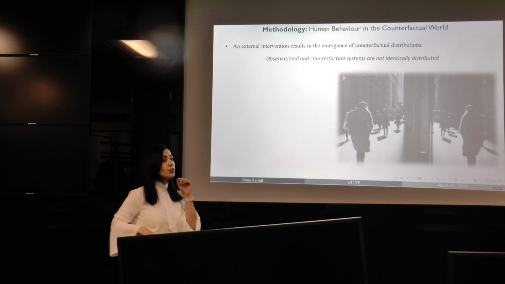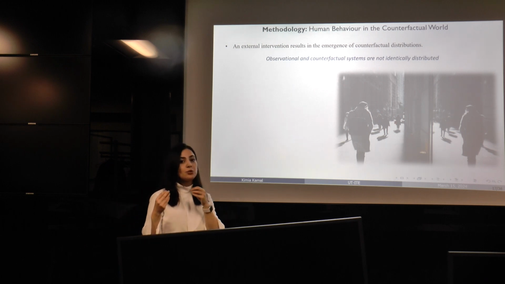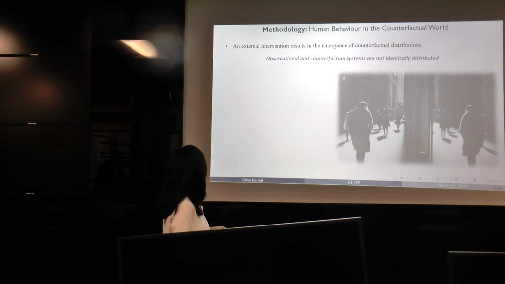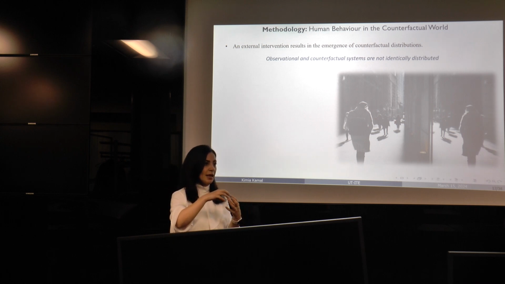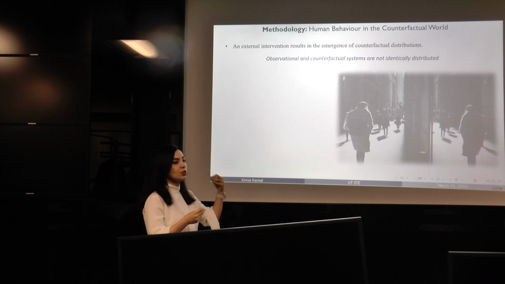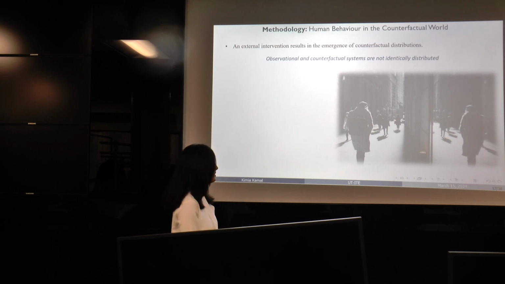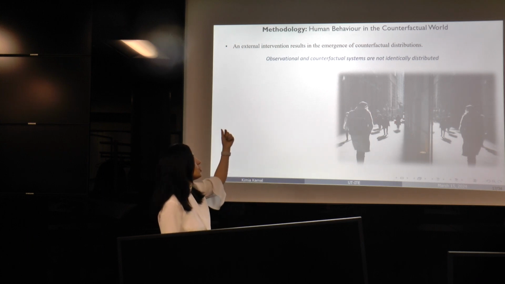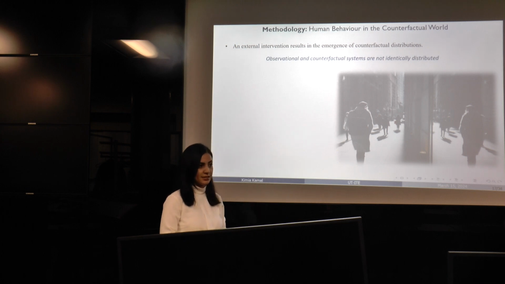However, if we want to use this model for policy assessment, we need to predict human behavior in the counterfactual model. Meaning that once we intervene in the system, any intervention creates another distribution known as a counterfactual distribution. We incorporate the fact in our methodology that the observational and counterfactual systems are not identically distributed.